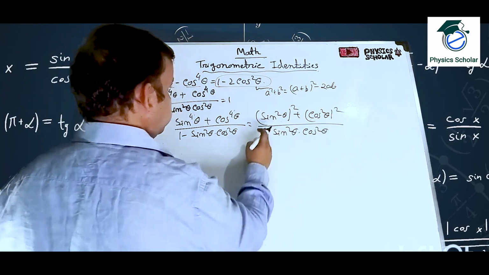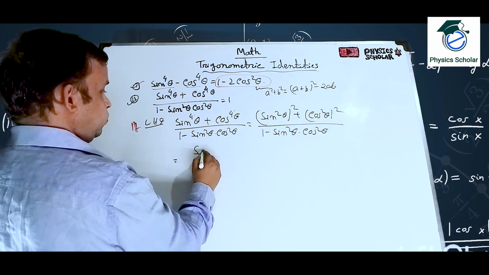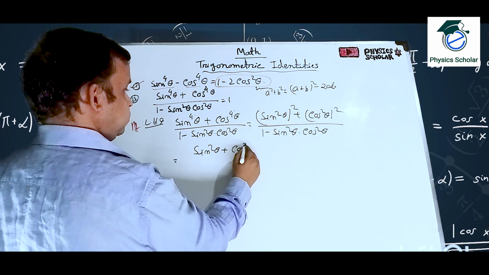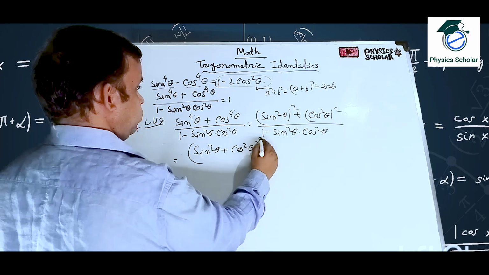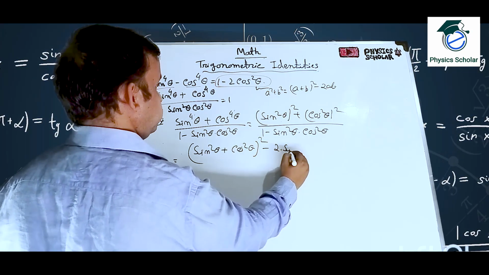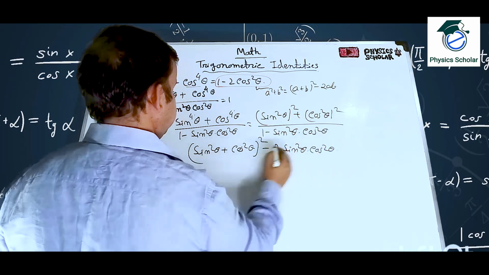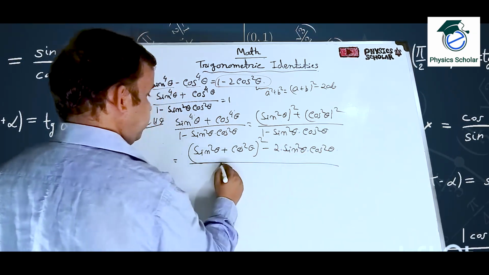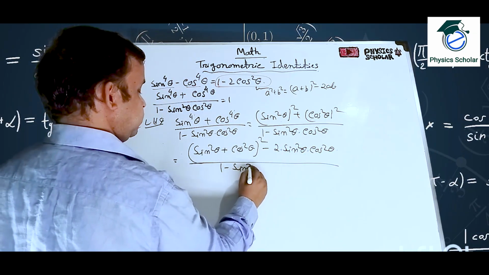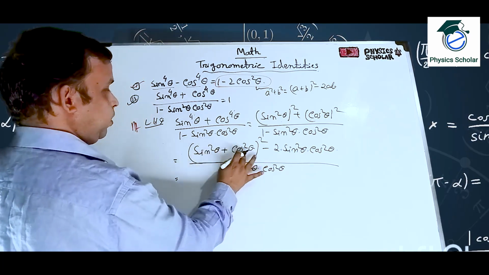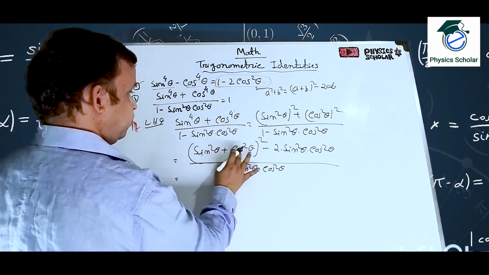Clear? So now same formula we will use. So (a plus b) whole square minus 2 into a into b, divided by what we can write, 1 minus sin square theta into cos square theta. Now students, sin square theta plus cos square theta is equal to 1. Okay, the formula.